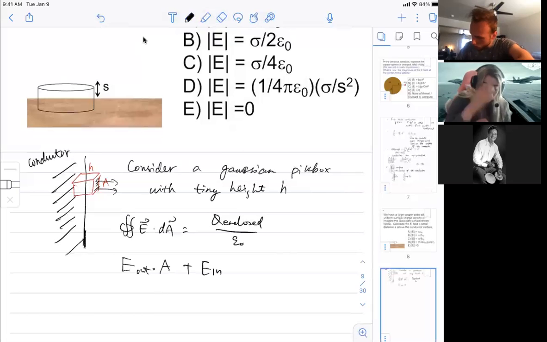Then we have E inside times the same area A. Now the inside would be the E field on the bottom that's going through the bottom surface.